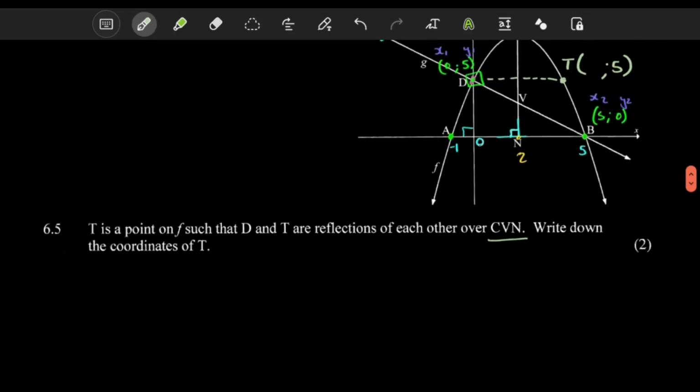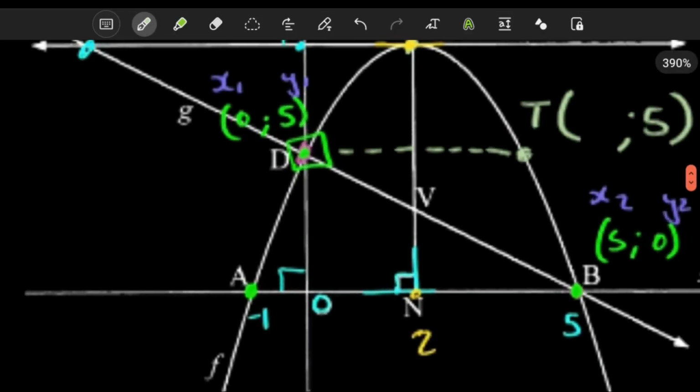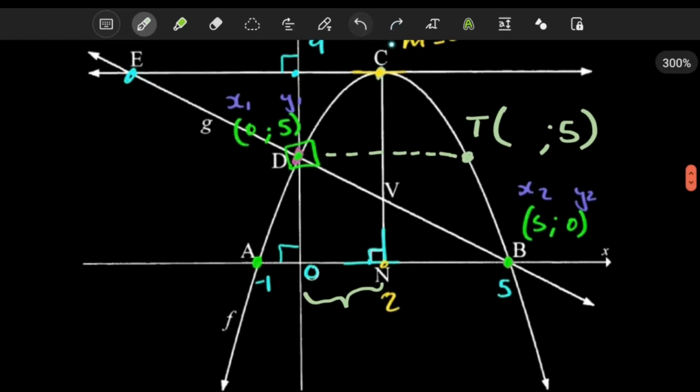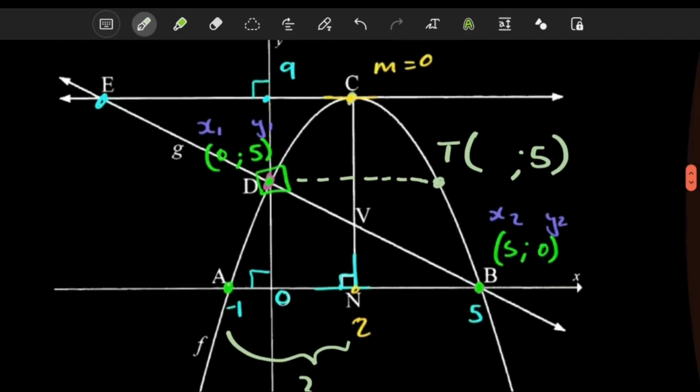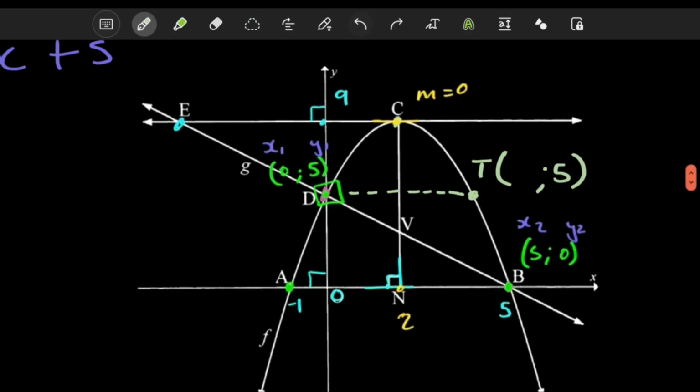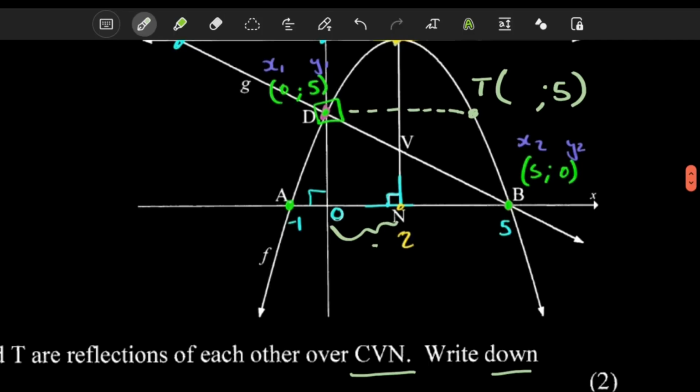They want us to write down the coordinates of t. This is quite easy, because you just have to remember that this is a mirror image of itself. If this distance here is 2 units, it means that this distance here also has to be 2 units.